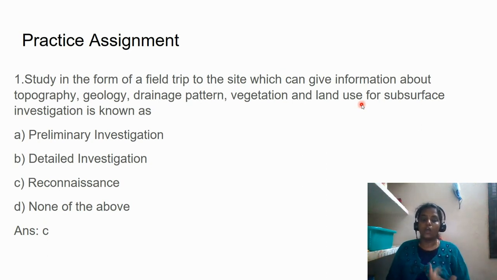All those can contaminate your site and change the characteristics of the soil. So you just go and see your site: what it is, and for what purpose it was used in previous years. All those things you gather from your reconnaissance.